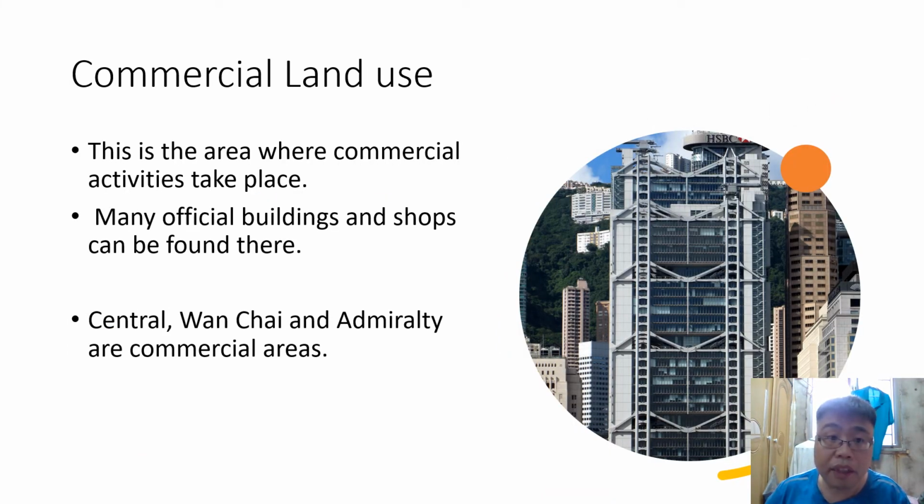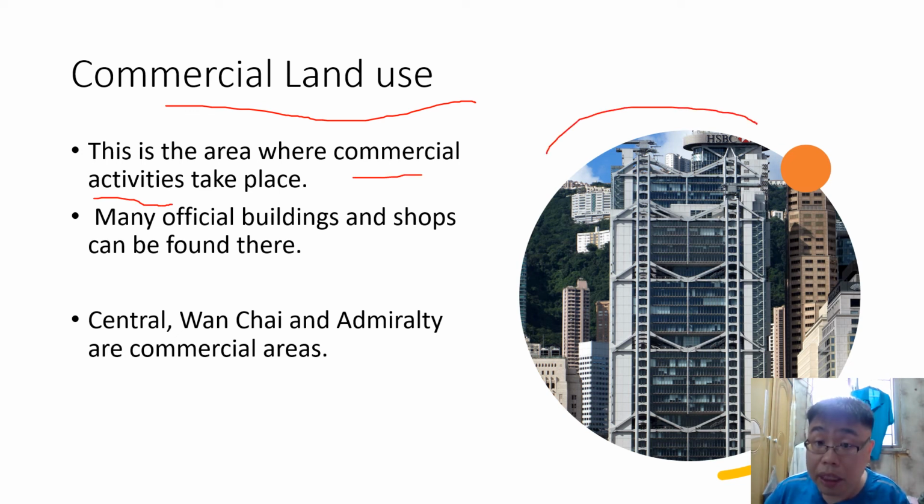And the next land use is commercial land use. And this is the area where commercial activities take place. This photo is the headquarters of the HSBC in Hong Kong. It is an iconic building in Central.